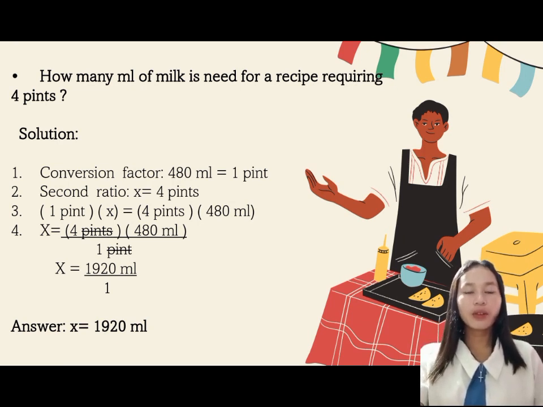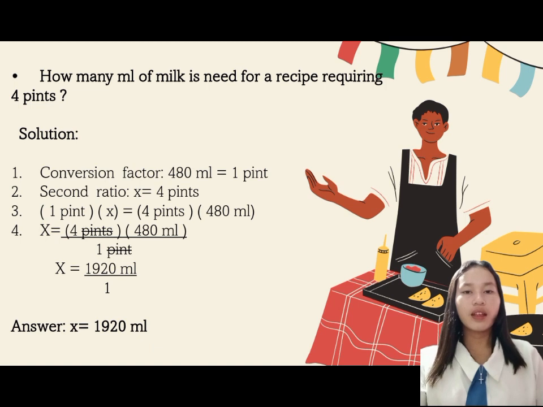Then cross multiply: 1 pint times x equals 4 pints times 480 ml. Next, x equals 4 pints times 480 ml divided by 1 pint. So the result is x equals 1920 ml divided by 1, and the final result is 1920 ml.